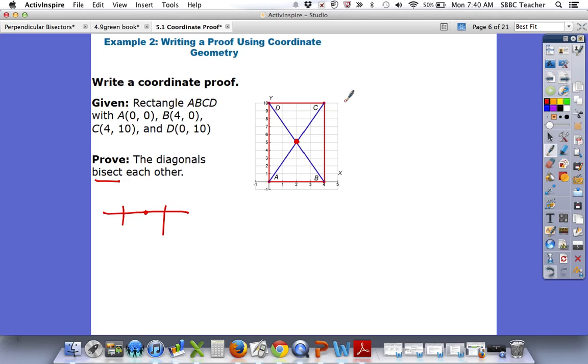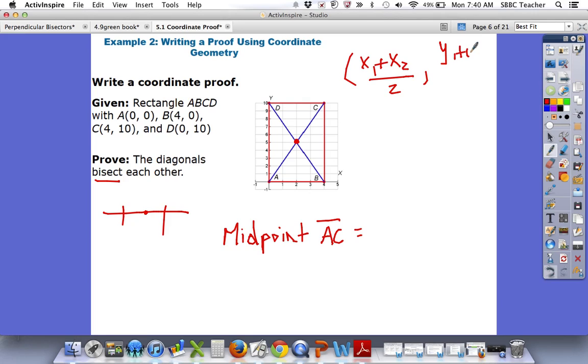Let's calculate the midpoint for AC. Remember, for midpoint we do x1 plus x2 divided by 2, comma, y1 plus y2 divided by 2.